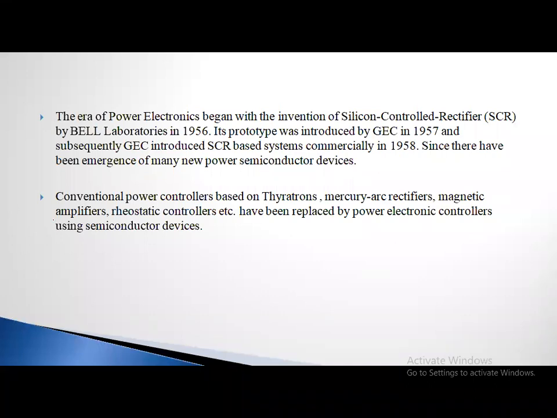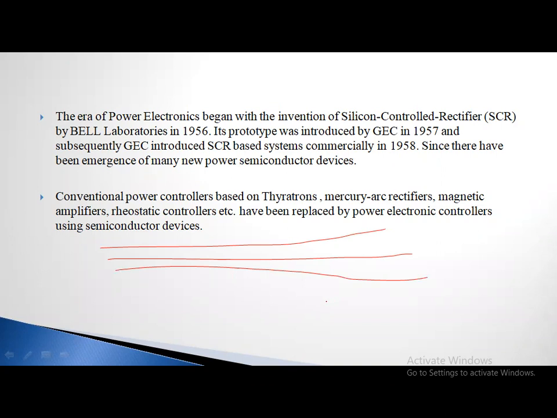For example, armature voltage control technique: we have an AC supply, a three-phase AC supply. These are the three-phase AC lines, and we have one DC motor. Is it clear?